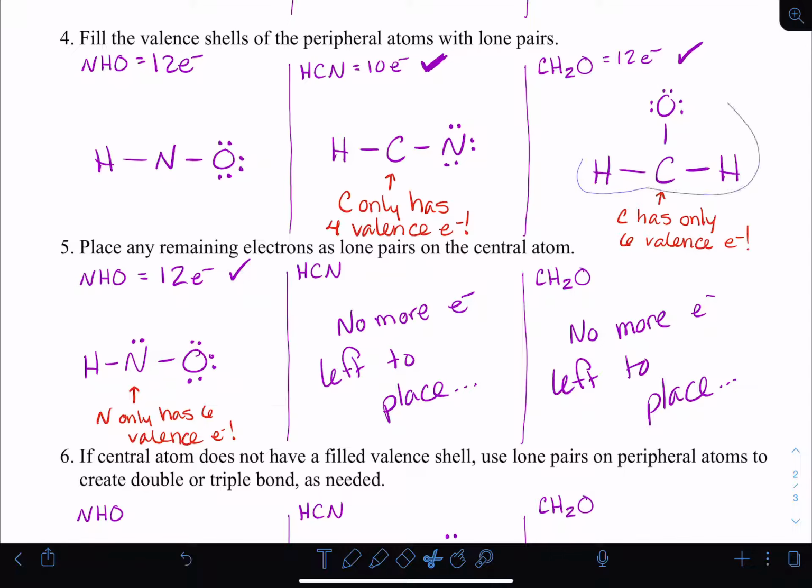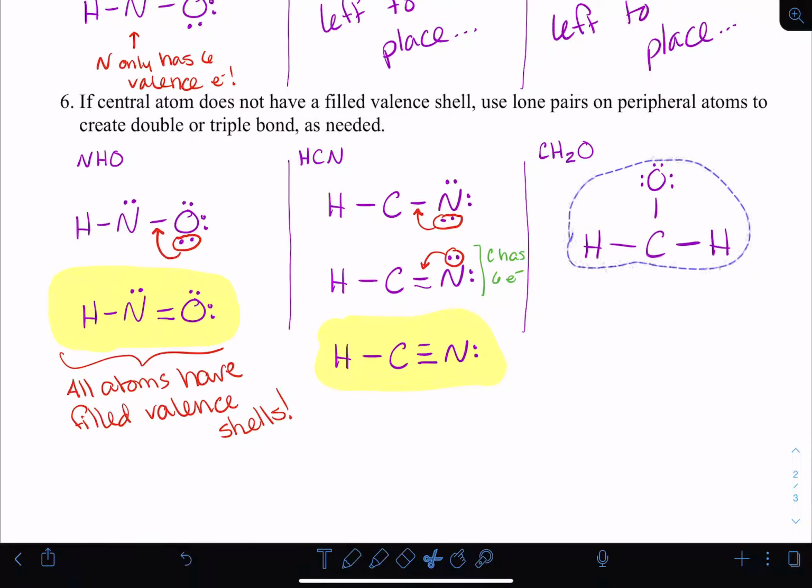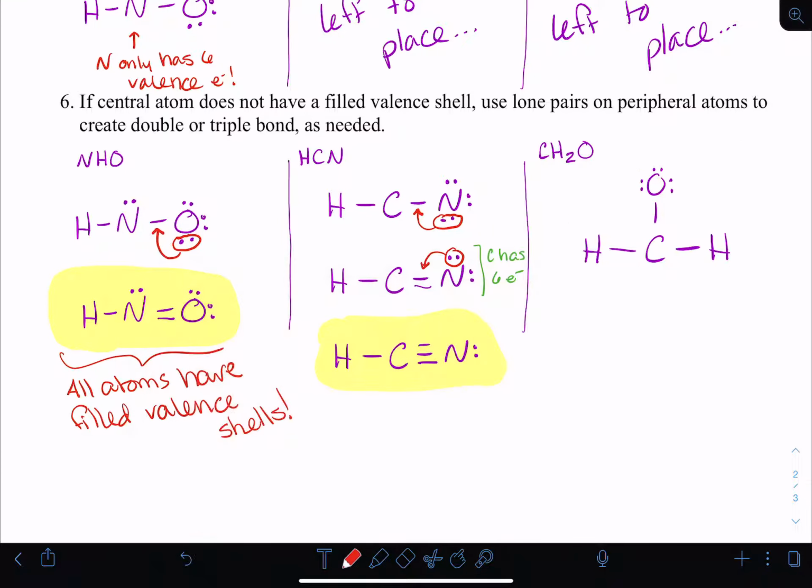So we're going to have to use multiple bonds. We're going to have to use double or triple bonds in order to satisfy the valence shells of all of our atoms at once. So we'll take one of our lone pairs from oxygen, move it in between carbon and oxygen, and we end up with this as our final structure.